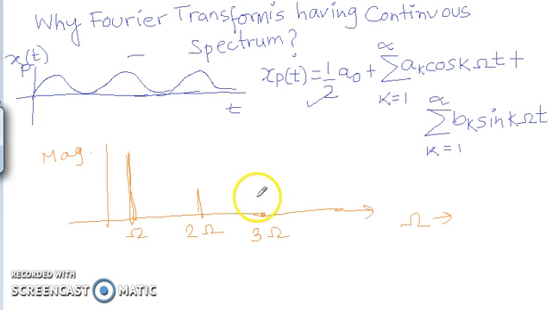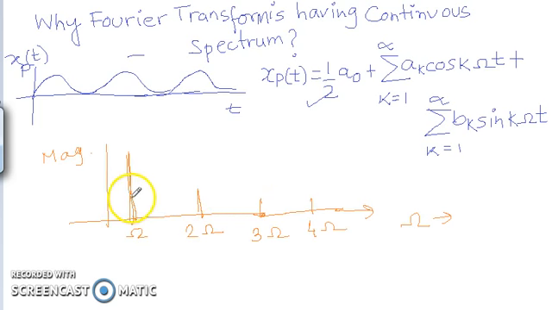Depending upon that, you will find whether even harmonics or odd harmonics are present or not. But obviously their magnitude will be lesser than that of the fundamental frequency component. So, in this way, we get different magnitudes depending upon the frequency of the signal, and they are separated.